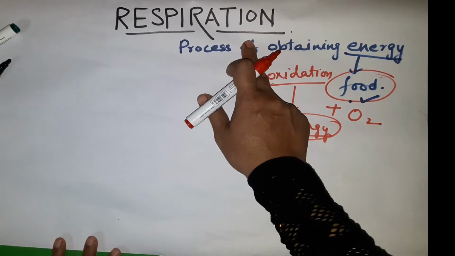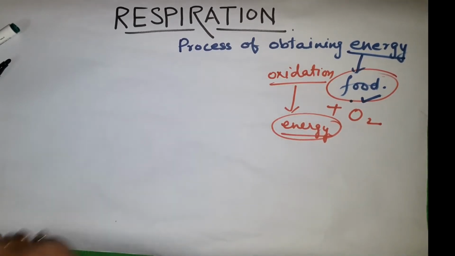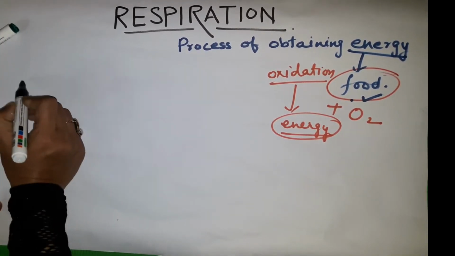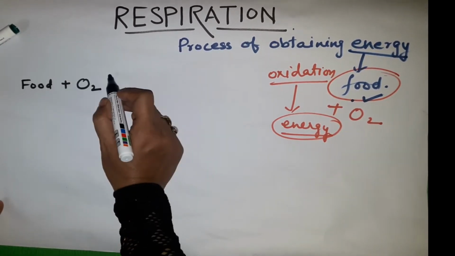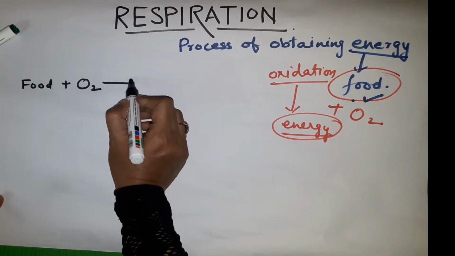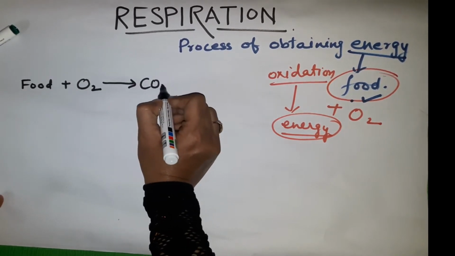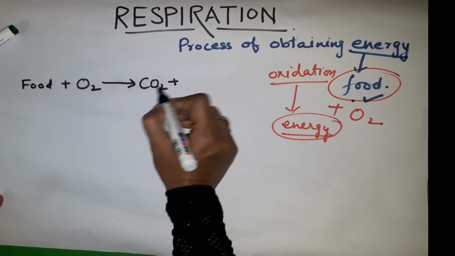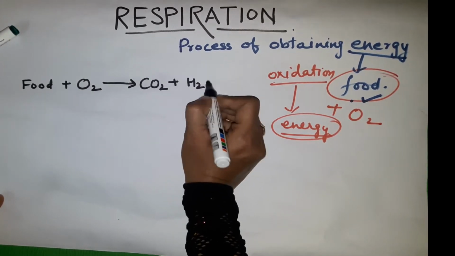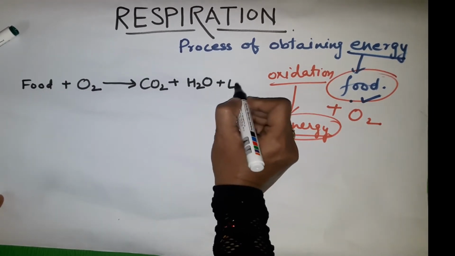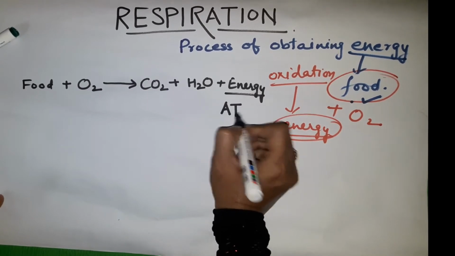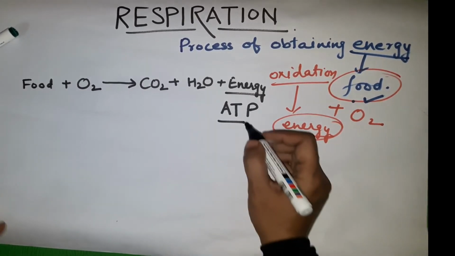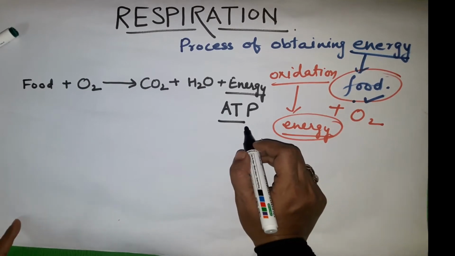So here the respiration reaction will be like this: the food will be mixed with the oxygen, then there will be the oxidation of food and the products will be carbon dioxide, water H2O and then energy, and this energy will be in the form of ATP. ATP is what? That is the energy currency and this is called adenosine triphosphate.